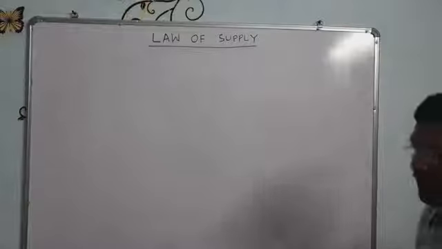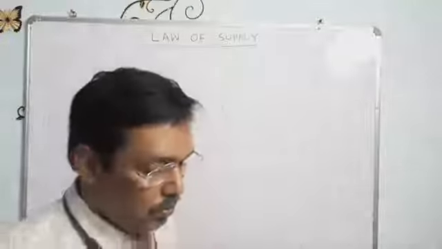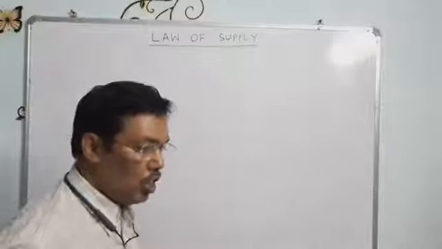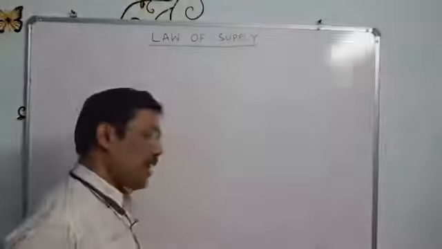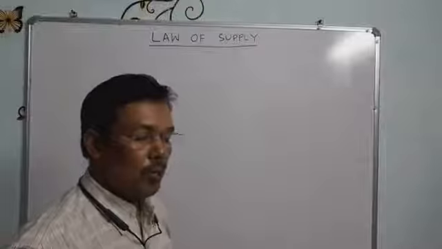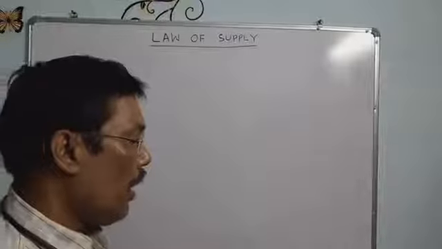Similarly, law of supply says, you may write, other things being equal, there is a direct relationship between price of a goods and quantity supplied of a goods at a given time.